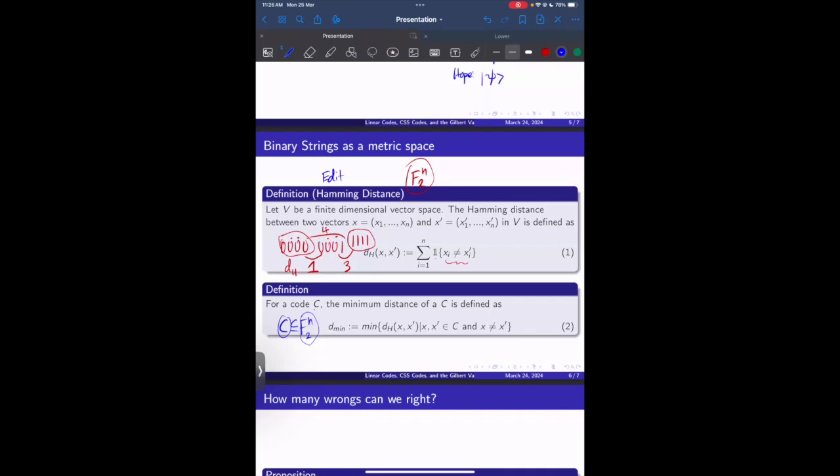So what you have is, if the code has a minimum distance of this, what does this tell you?